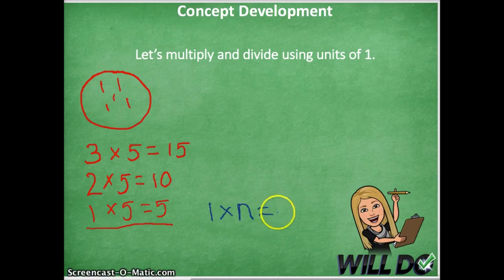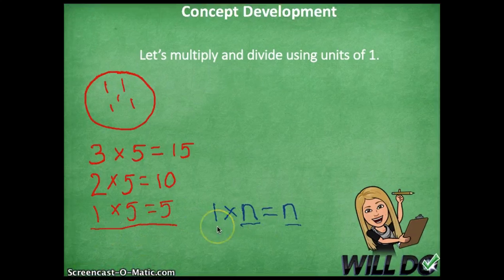And that should equal n altogether. N equals the number. It's n because the number of dots in each group is the same as the total number of dots. They're the same.